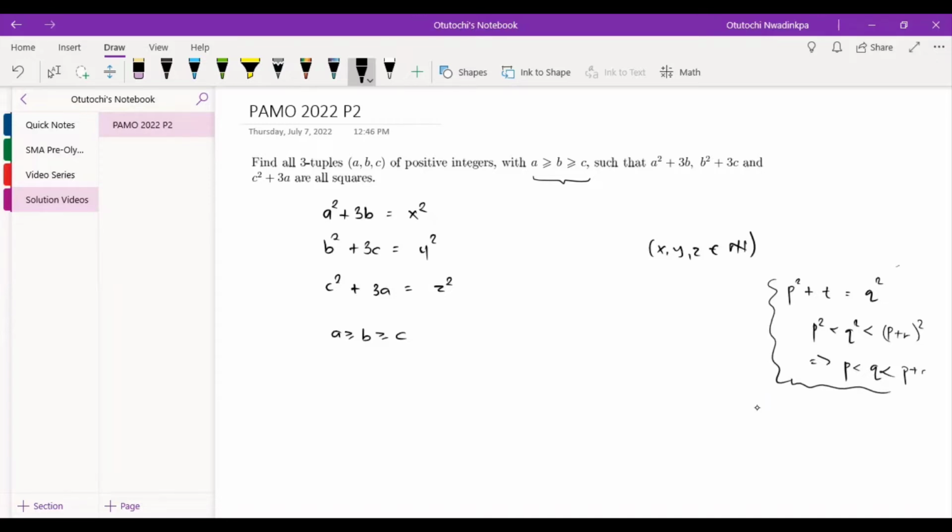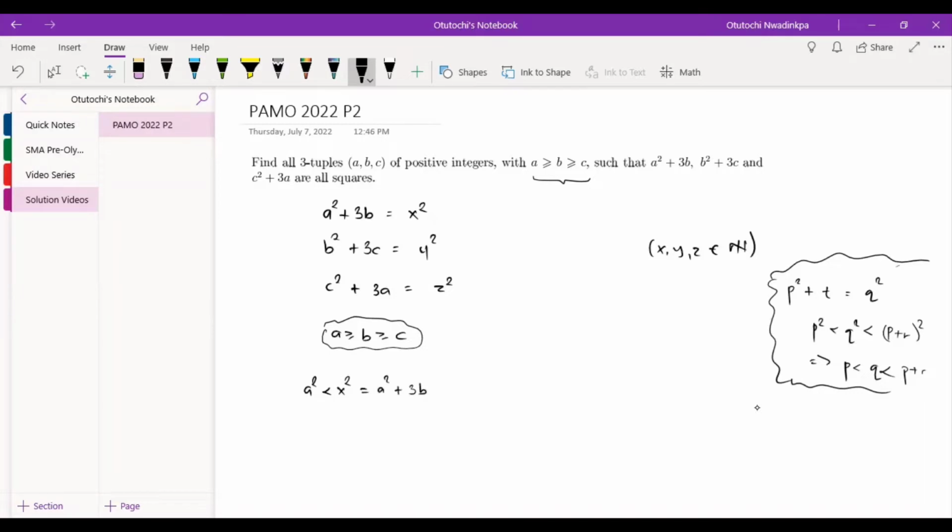So we'll try to do that here, and we are going to utilize this inequality, A greater than or equal to B greater than or equal to C. So let's take A squared plus 3B is equal to X squared, for example. So we are going to have A squared less than X squared, since B is a positive integer, so A squared is strictly less than X squared, and of course X squared is equal to A squared plus 3B.